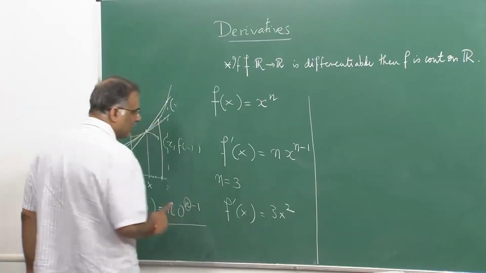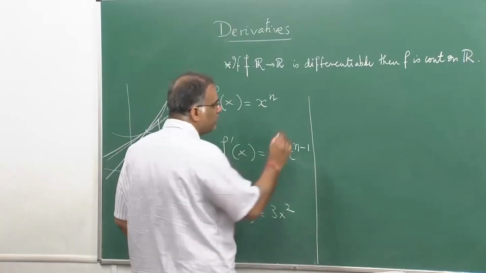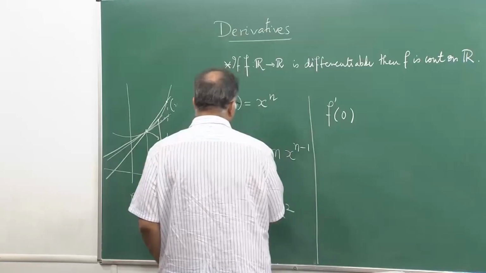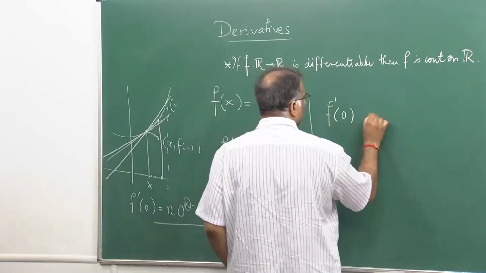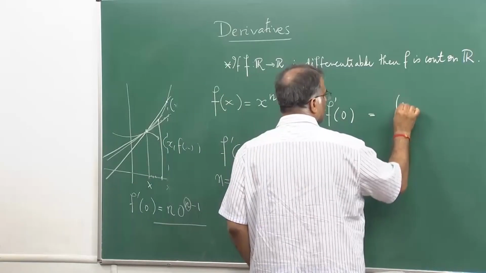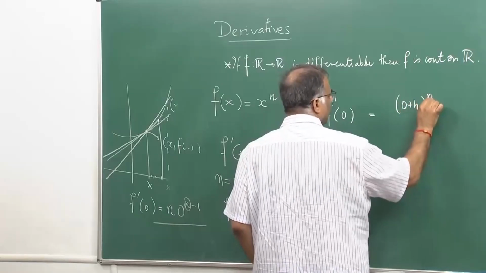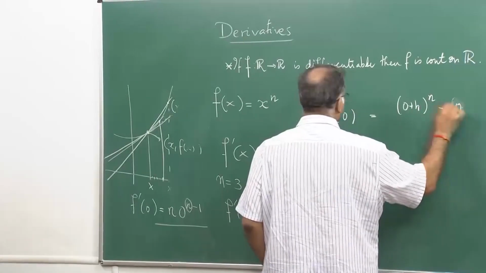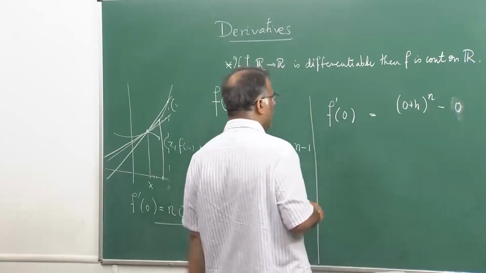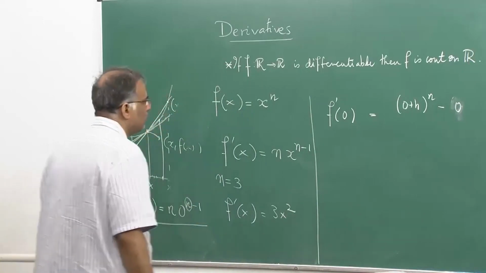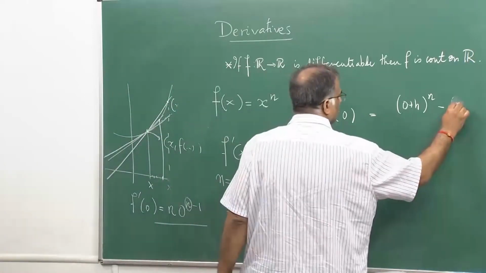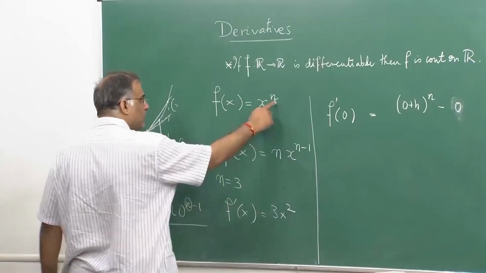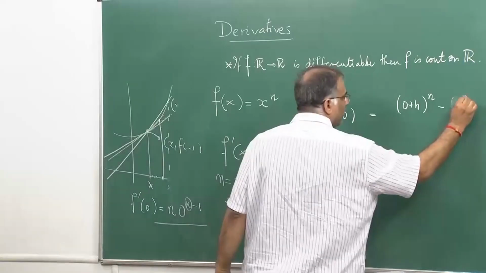So whenever x is, for example, let me just try it out. If I have f of x, I am calculating for this function f dash at 0 for this x to the power n, then I will have 0 plus h to the power n minus, because here if I put 0 and n is, see if n is not greater than 1, so you have it like this.